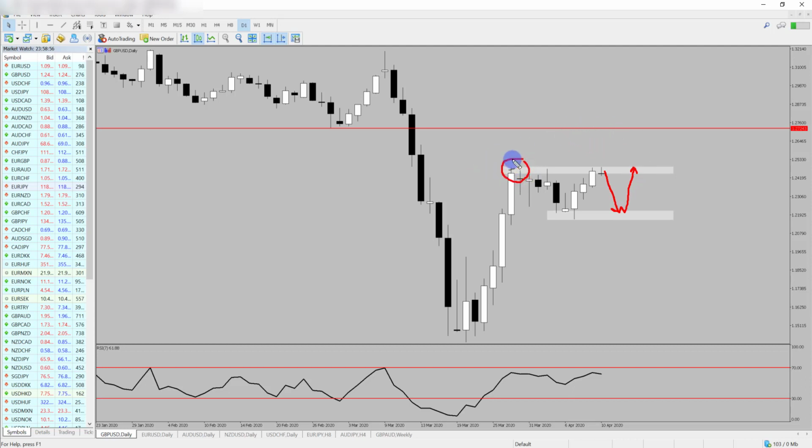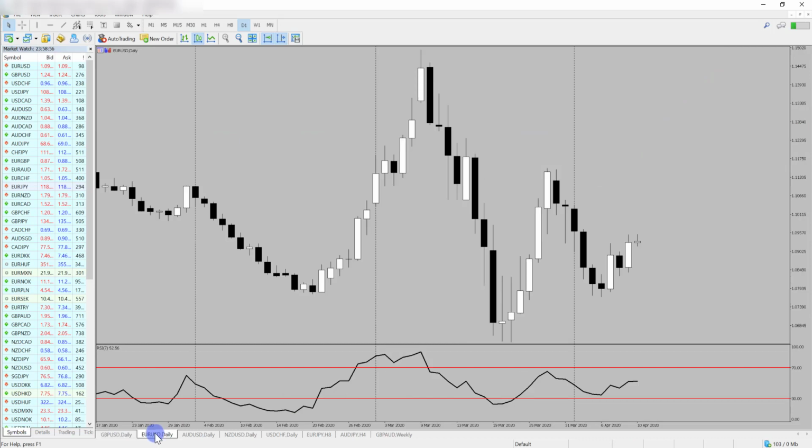If we get a break and close above this high, I would anticipate the market would push into these structure lows here, that 127. Then we can look at the trend to continue, and we'll be looking to buy on those smaller time frame pullbacks into that level. Once it hits that level, we don't know whether the market's going to trend back lower or break to the upside, so we'd have to wait, as this is the key level for price.